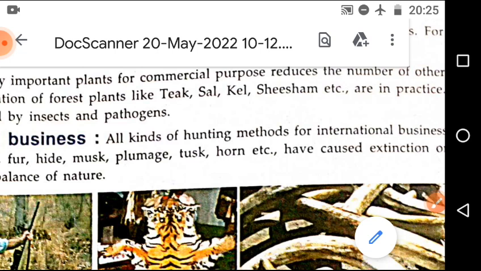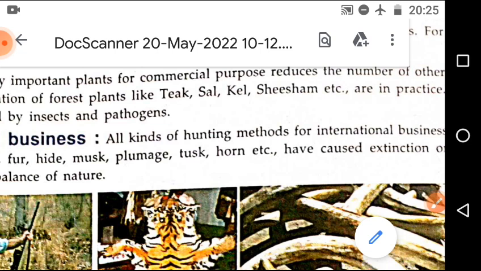Now there are two types of sandal tree: red sandal tree, redwood sandal tree, and white sandal tree. White sandal tree is permitted to be planted in our homes, but red sandal tree is not permitted. It is illegal, because the cost of that red sandal tree is about 3 to 4 lakhs if it matures. So poaching was done at this time, and it is an international business.